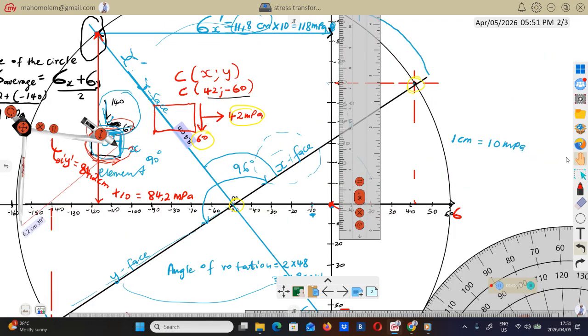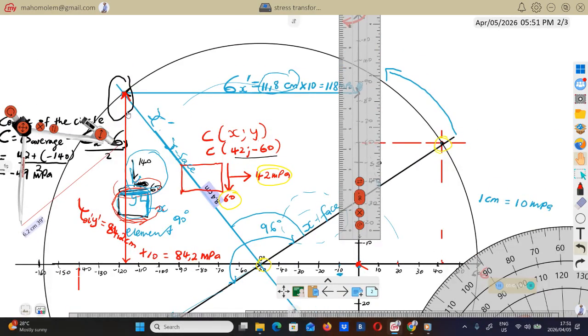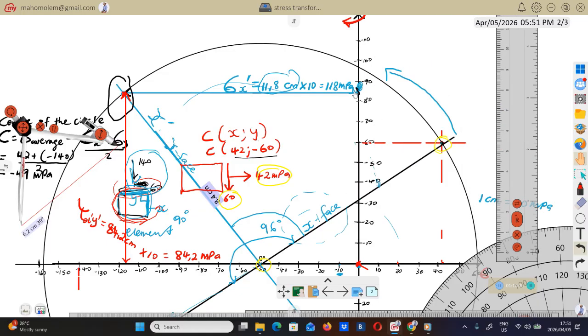So you can see now the shear stress on the x face from here to there is negative 84. Why is it negative? Remember, these values here are the negative values. So this is negative 84 on the x face. So the shear stress on the x face is negative 84.